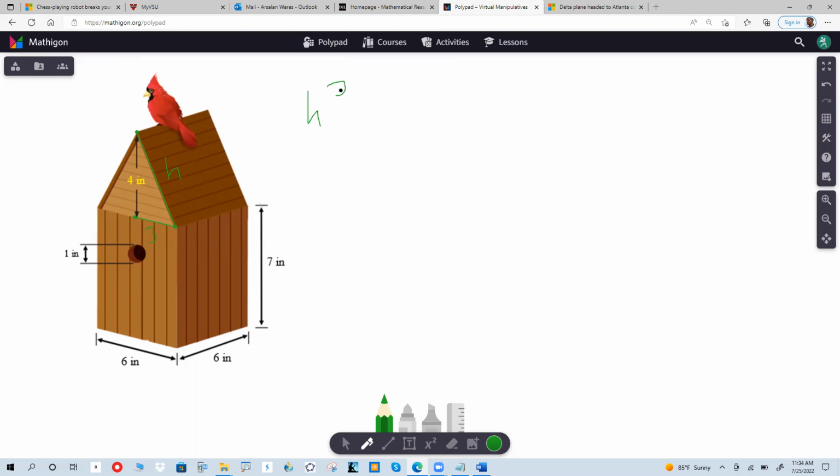H squared is equal to 4 squared plus 3 squared. 4 squared is 16. 3 squared is 9. And that is 25. That's good. Therefore, H is square root of 25.